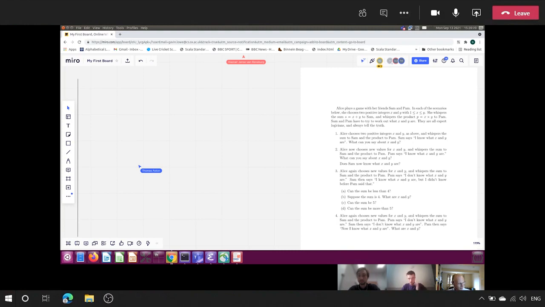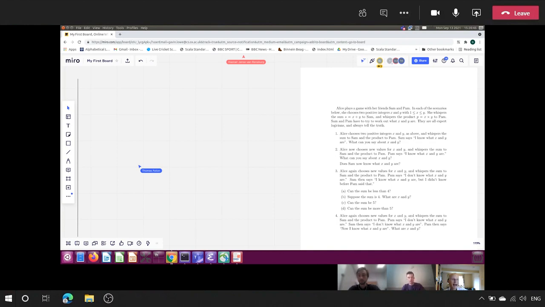And if p is prime, because we have x less than or equal to y, but since it's prime, we know x is less than y, so we know that x must be 1 and y must be the value of p that Pam's told.